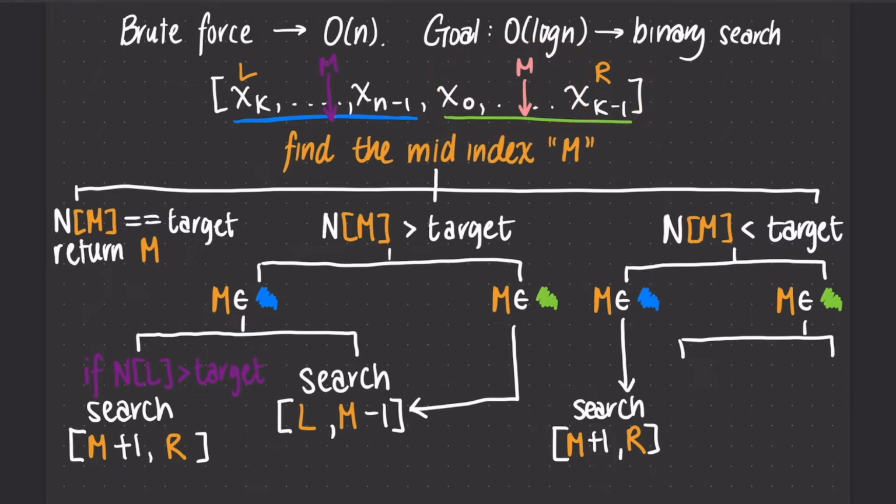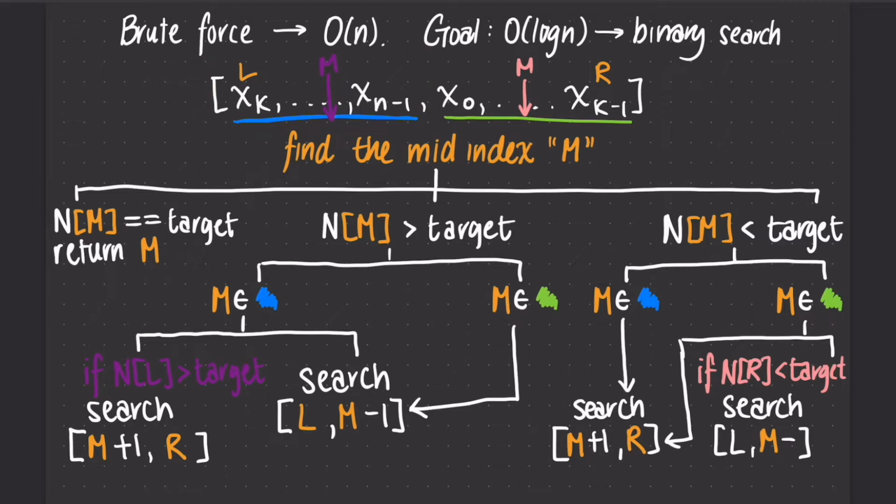Otherwise, we search the blue portion. And as before, since we don't know where this pivot lies, we simply search everything left of our pink m right here if we know our target is going to lie in the blue.